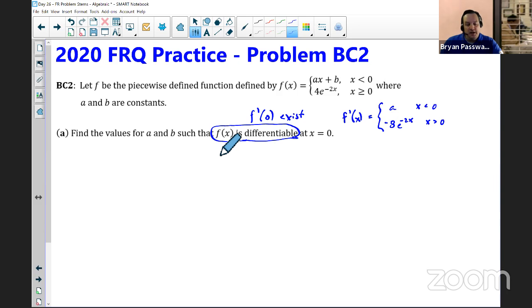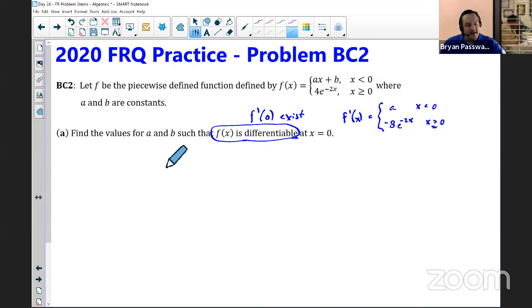Now, in this case, we're going to make sure the function is differentiable. Since we're going to make sure it's differentiable, we know that we have to include it. We want to find the values of a and b that would make this work. Just like we might check the limits from the left and the right for continuity, we can do the same process with a derivative. If f is differentiable at 0, then both of those limits from the left and from the right of the derivative are going to have to go toward the same place, right?